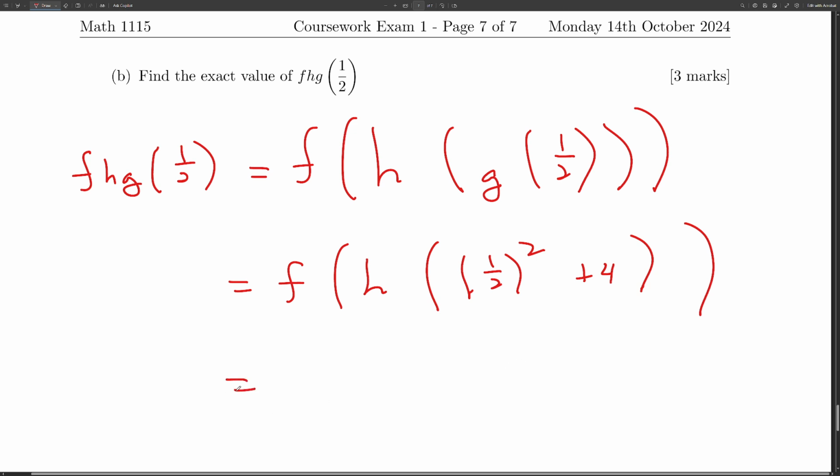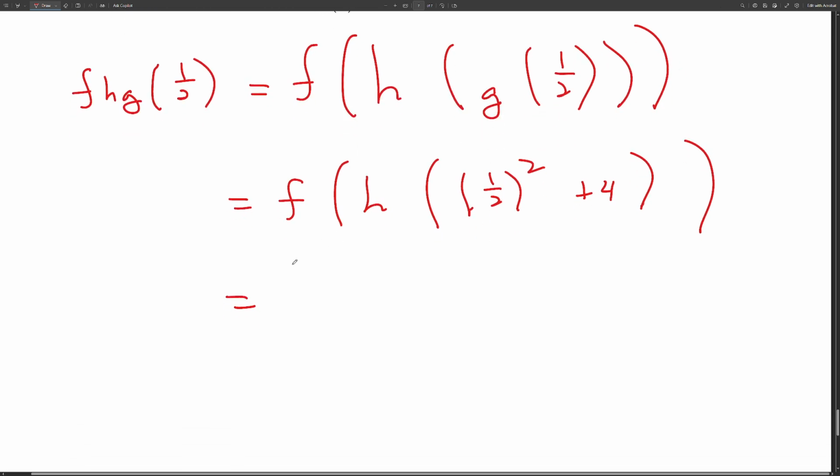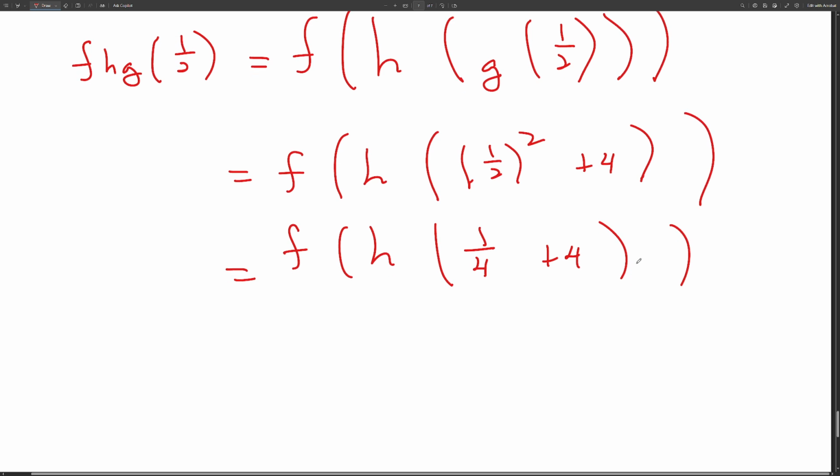So this means that I have f of h of 1/2 squared, that's a quarter, plus 4. Close the bracket. Now, I could add this and simplify: f of h of 4 plus this, that's 17 upon 4.